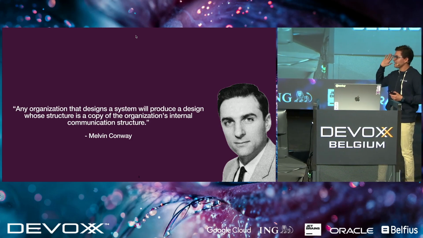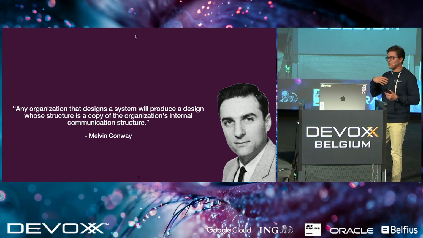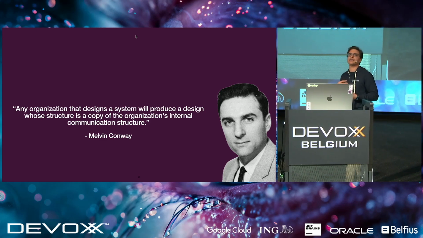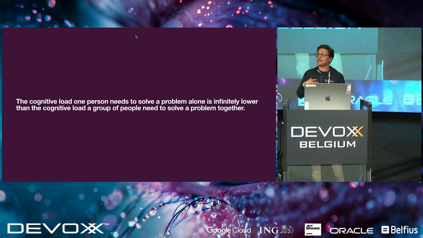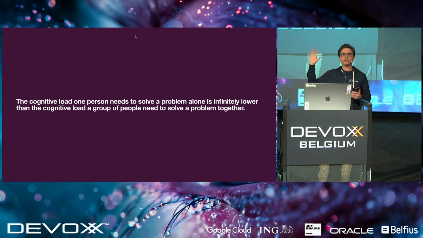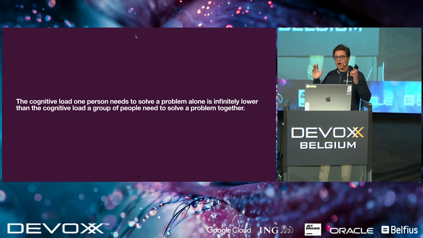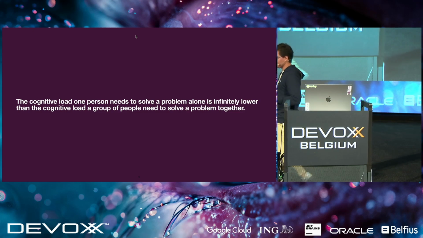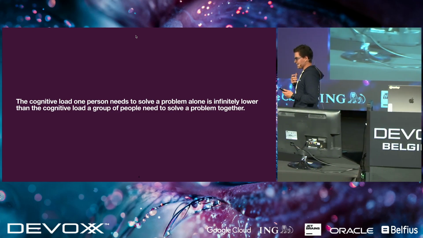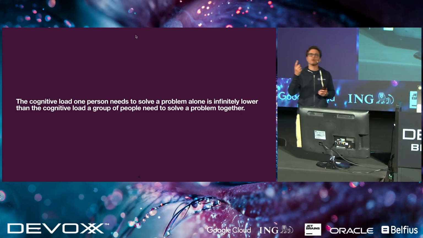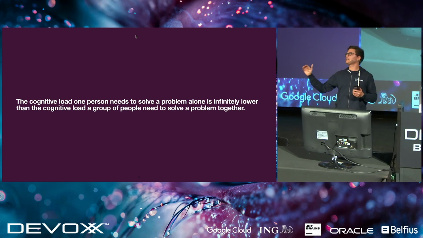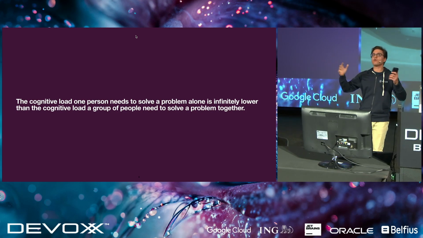And this is what it is, but I'm also interested in why it is like that, right? And one of the things that he also talks about is that the cognitive load one person takes to solve a problem by themselves, so a single person solving a problem, is infinitely lower than two or more people working together to solve the same problem.